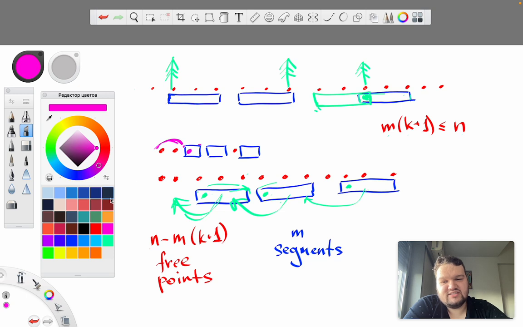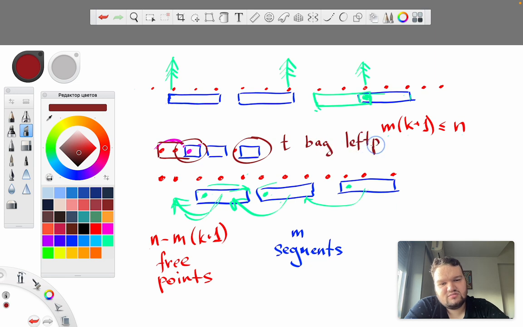But what if we say that this and this segment do have a bad left point chosen? That means that before them there are k red points. So if we have t bad left points, then before those segments there should be k red points.